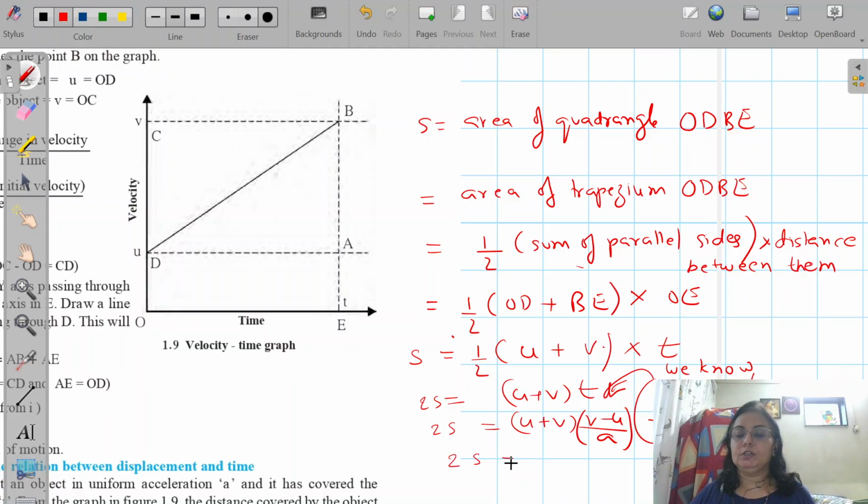So 2s is equal to v square minus u square upon a. So v square is equal to u square plus 2as. This is the relationship between velocity and displacement.